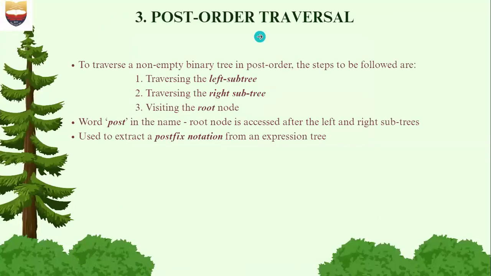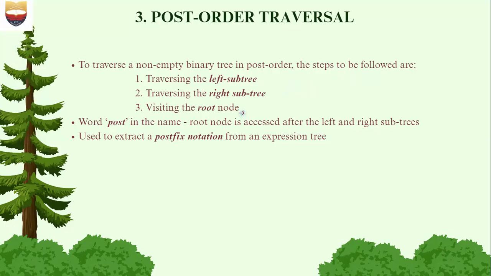Next category is post-order traversal. From the concept of the previous 2 traversals and from the name of this traversal, you can come to know what the steps to be followed are, right? To traverse a non-empty binary tree in post-order, the steps to be followed are: first, traversing the left subtree, then traversing the right subtree, and then visiting the root node.